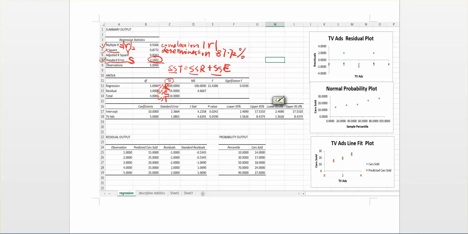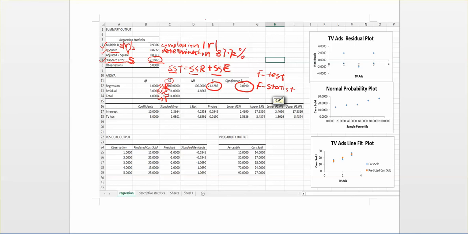But we also do the F test to test the significance of the whole model, and we use the F statistic. Here 21.4286 is our F statistic, and 0.0190 is the p-value corresponding to our F statistic.